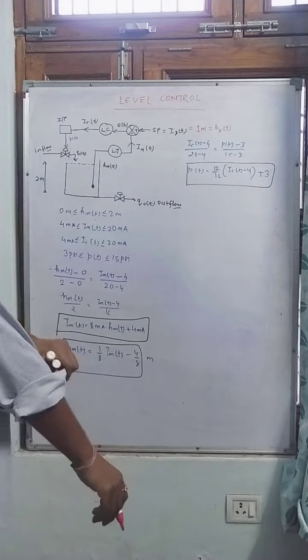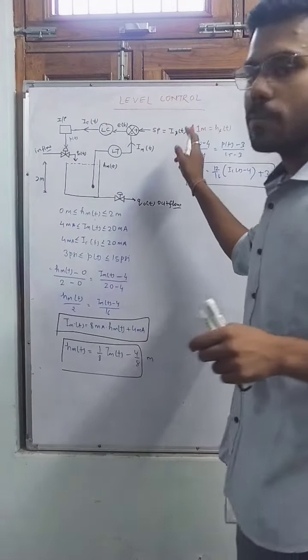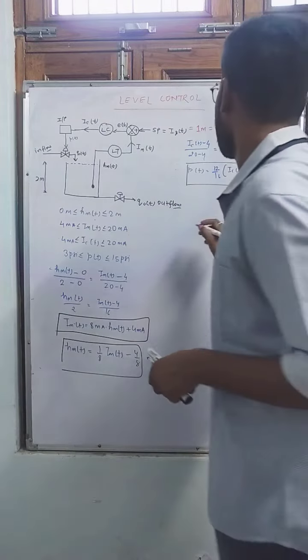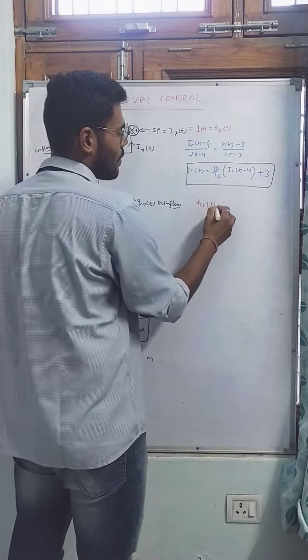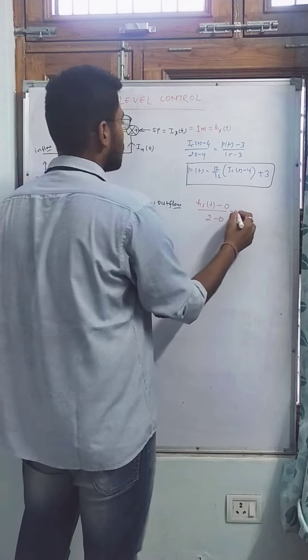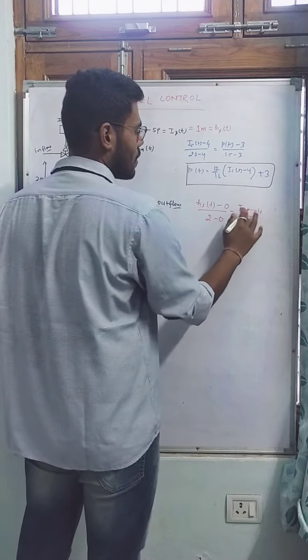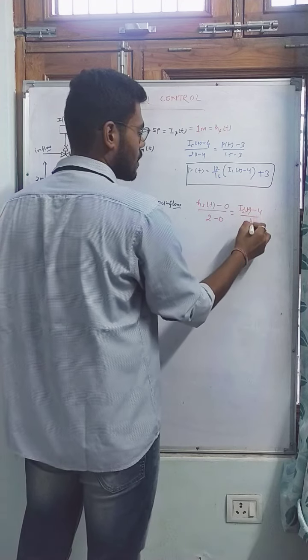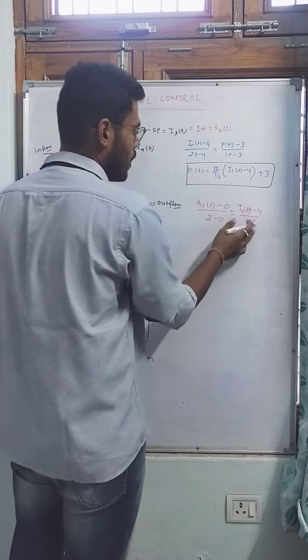Okay, in that way, what will be the set point in terms of current? Similarly, (HST minus minimum 0)/(2 minus 0) = (IST minus 4)/16. What is our set point? HST is 1.